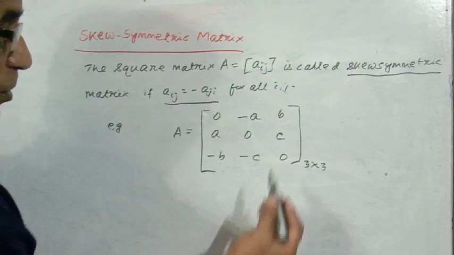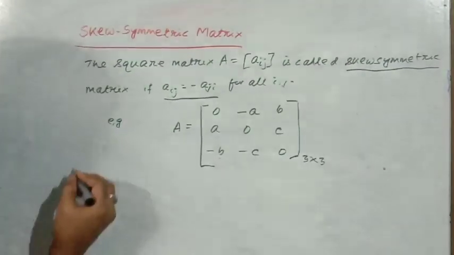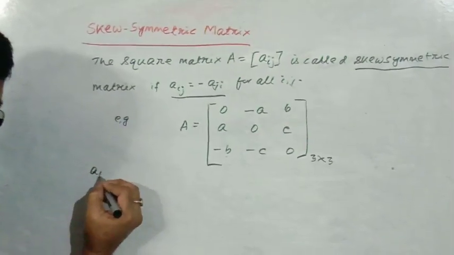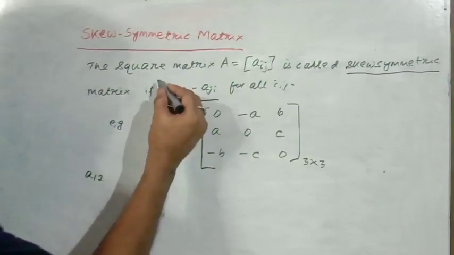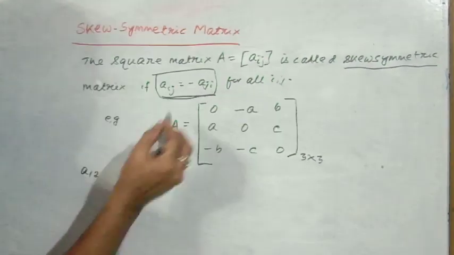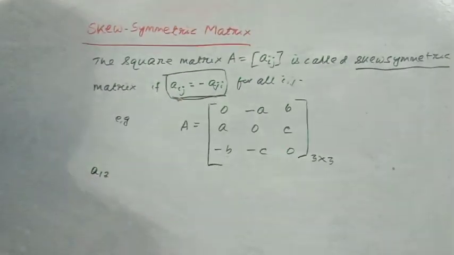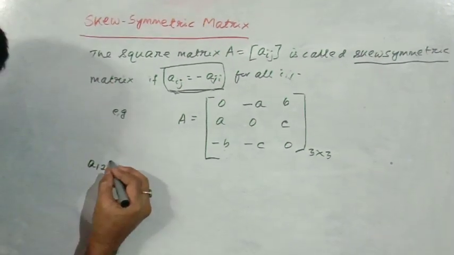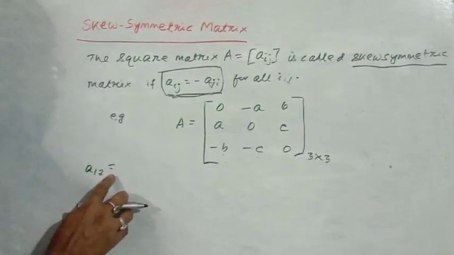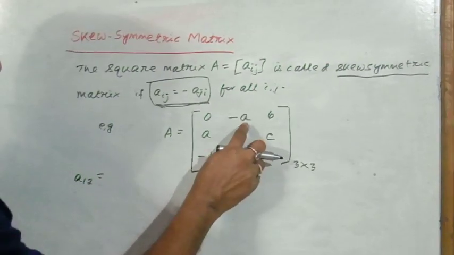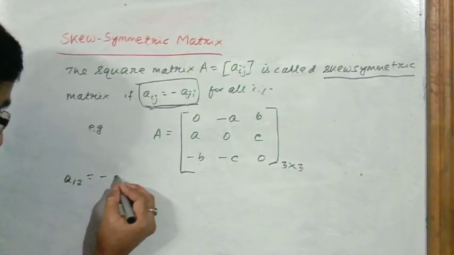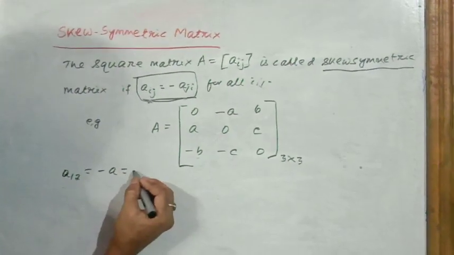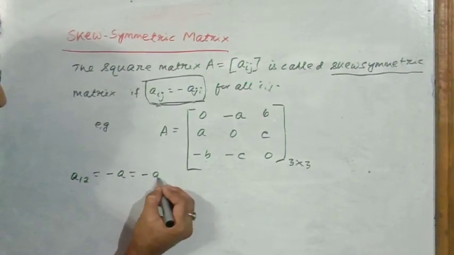For example, we will take a 3 cross 3 matrix which is 0, minus a, b; a, 0, c; minus b, minus c, 0. Now here, according to this definition, Aij must be equal to minus Aji. A12 is minus a, that must be equal to minus A21.